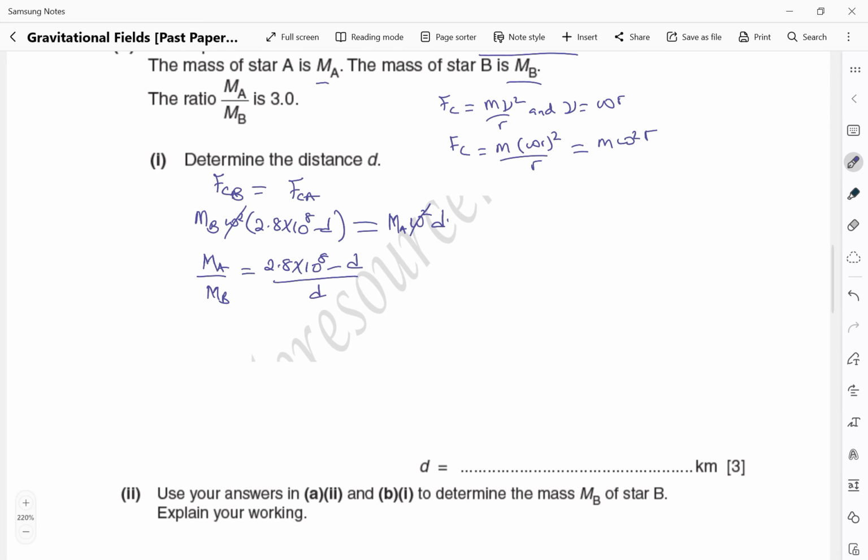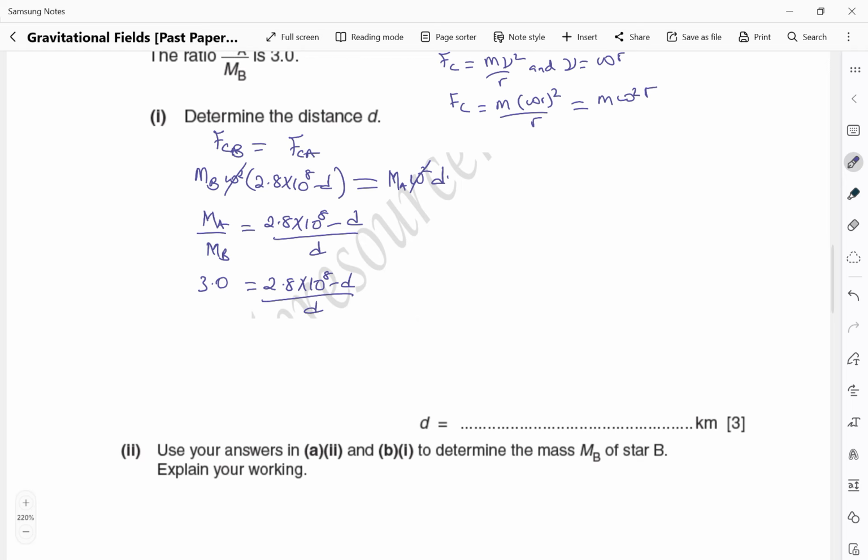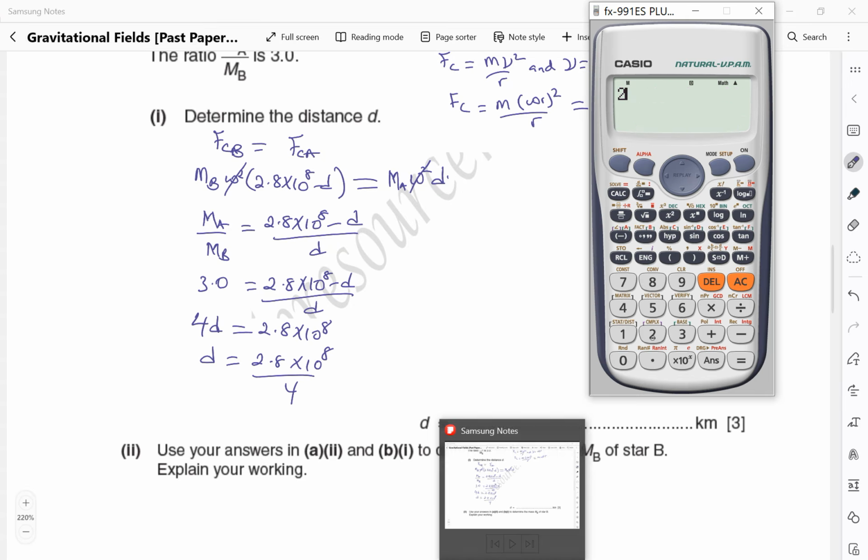So I have that 3.0 equals 2.8 times 10 to the power of 8 minus D divided by D. So cross multiply: 3D plus D, that is 4D, is going to be equal to 2.8 times 10 to the power of 8. So D is going to be equal to 2.8 times 10 to the power of 8 divided by 4. That is 7.0 times 10 to the power of 7 kilometers.